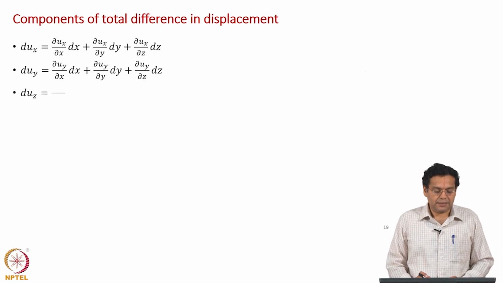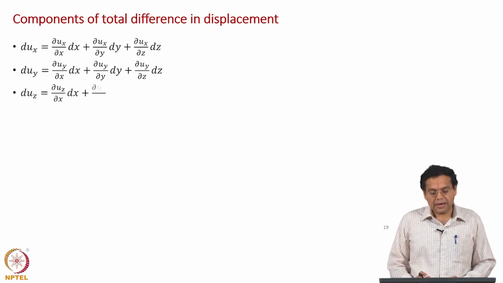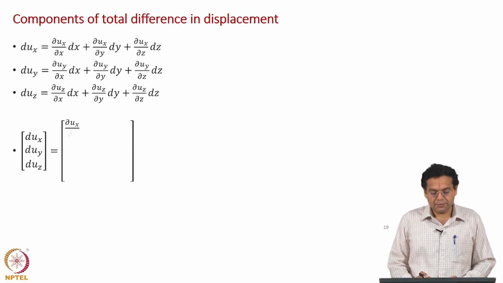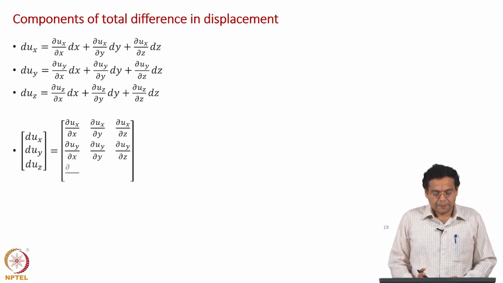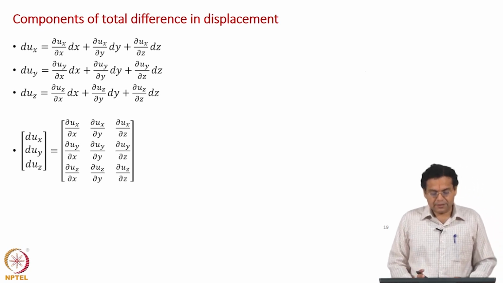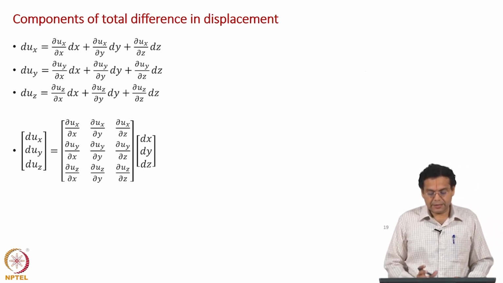Similarly for the third direction, and then we will arrange it in the form of a matrix, as we did earlier. dux, duy, duz is equal to the displacement gradient tensor, the same tensor has come up again, multiplied by the column vector of dx, dy, dz.